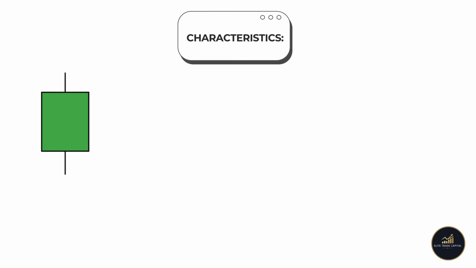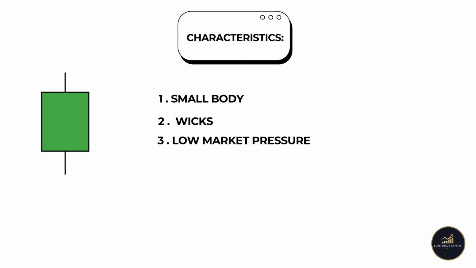The three characteristics are a small body with a limited difference between open and close price. Wicks can be relatively long, showing that there was some volatility during the period, and a small body candle indicates indecision but not as strongly as the doji candle. These candles often appear during consolidation or periods of uncertainty.